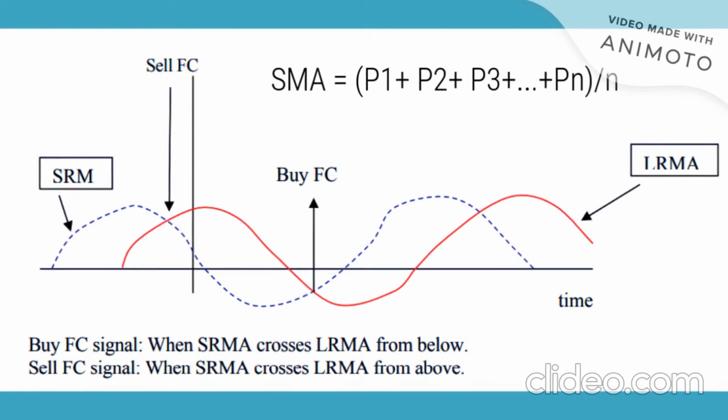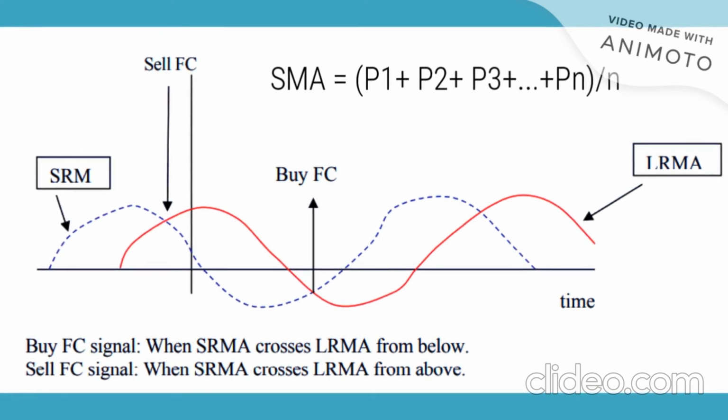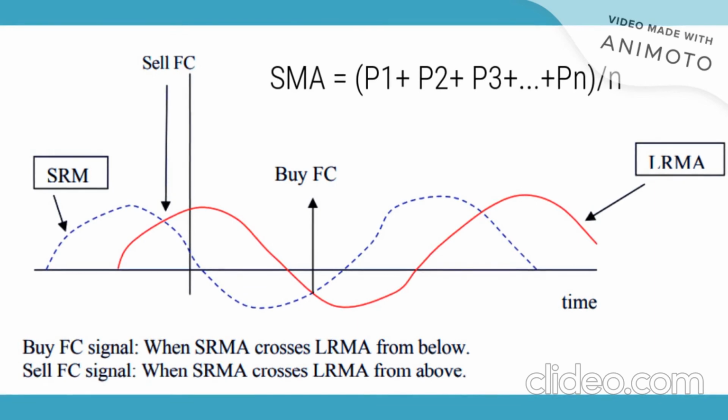For example, if a currency is moving downward, its short-run moving average will be below its long-run moving average. When it starts rising again, it soon crosses its long-run moving average, generating a buy foreign currency signal.